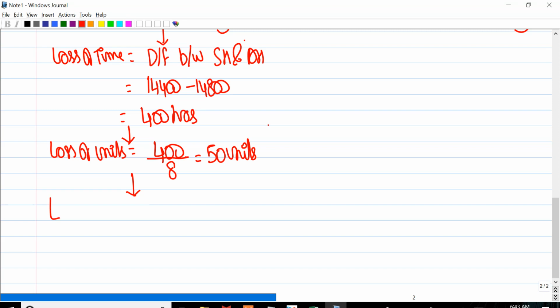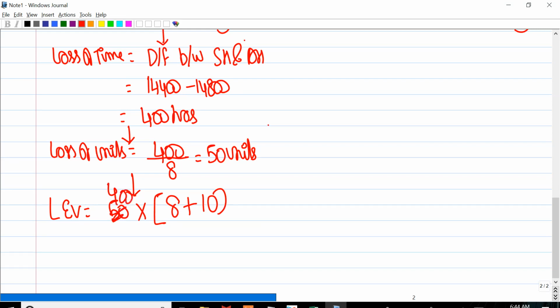Labor efficiency variance equal to 50 into lost contribution plus wages payable. It's a scarce input which you are wasting, then you have to pay lost contribution plus wages payable. What's the wages payable per hour? 8. And what's the lost contribution per hour? 10.